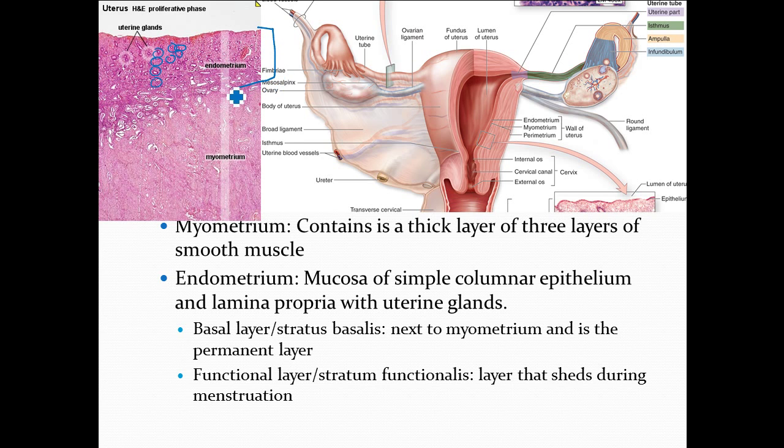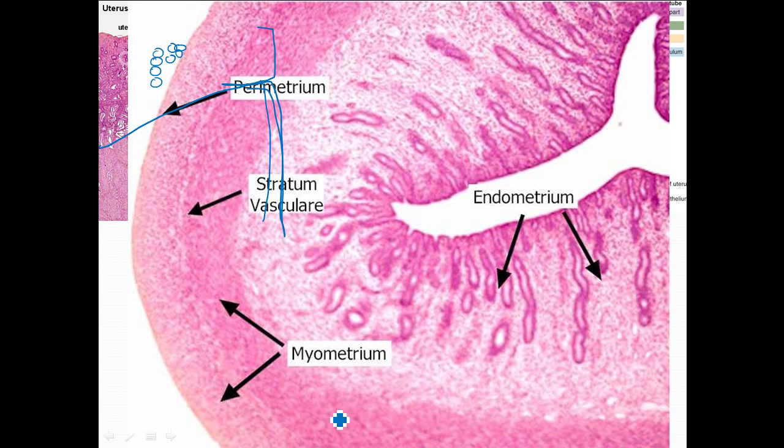So this top part over here is called the endometrium. What's below the endometrium? The myometrium, the muscular layer. So if we take a histological slide of this here, what do you call this layer here? Endometrium.